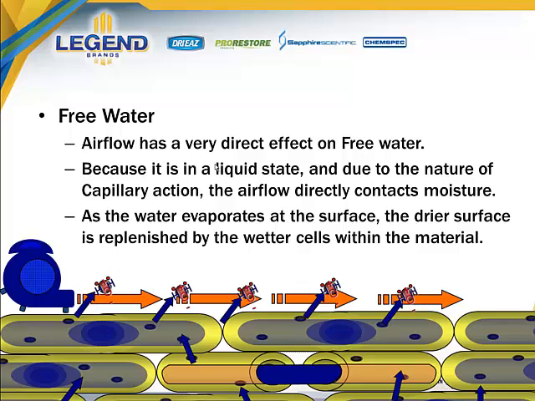Taking a look at that mechanically in a drying process, when we provide air movement over the surface of wood, this liquid water is going to readily evaporate from these surface cells. And as it does, it's critical that air movement is there to rapidly remove that evaporating water. If we do not, then this water will build at the surface.